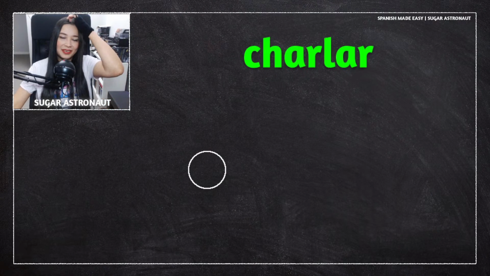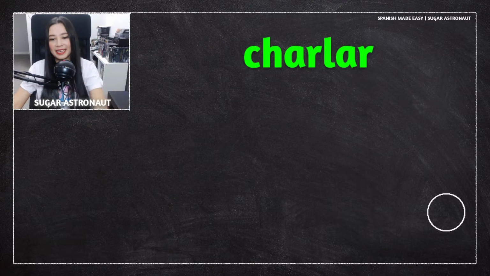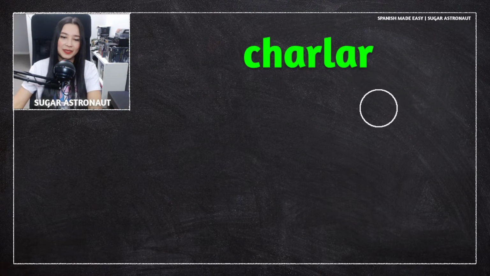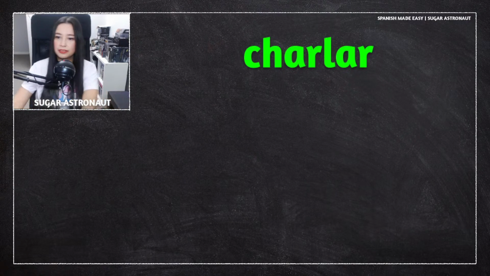Of course, the joy of conjugating verbs in Spanish. This is another interesting one. It's not that difficult to conjugate because it's a regular verb. It doesn't have an irregular conjugation, so it's easy to conjugate if you know how to conjugate verbs in Spanish.